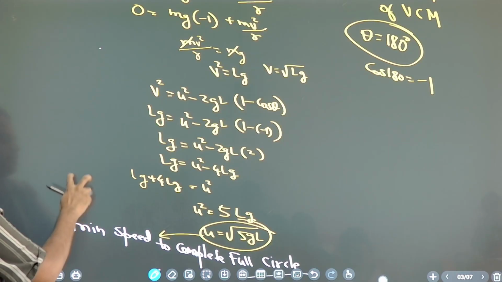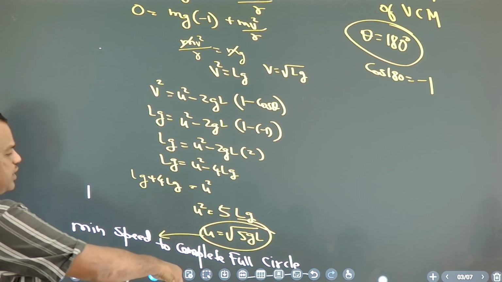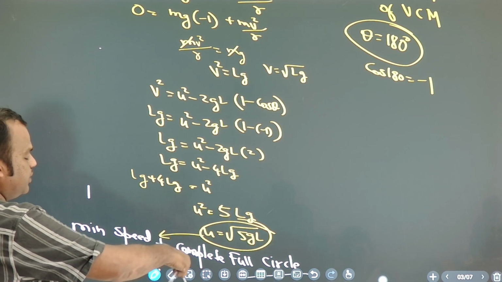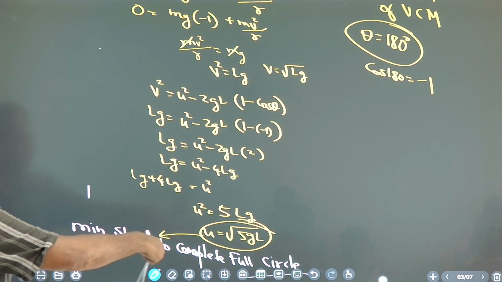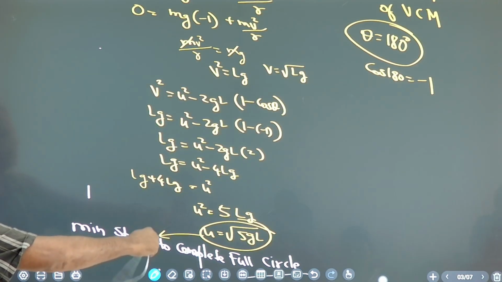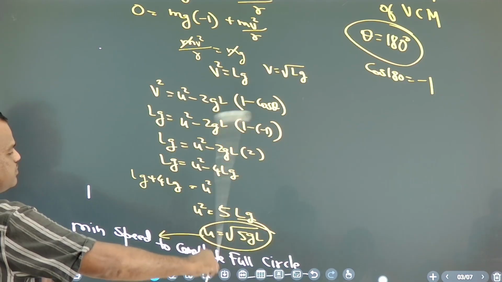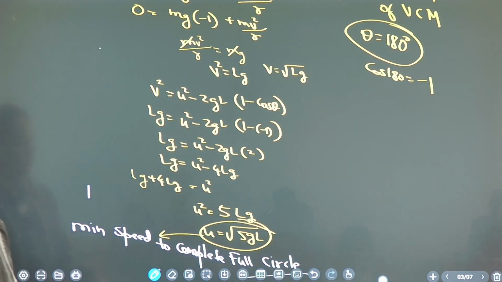And minimum speed to just make complete circle. Like this, I want to make complete circle. So what is the speed at the bottom? Root 5gl.